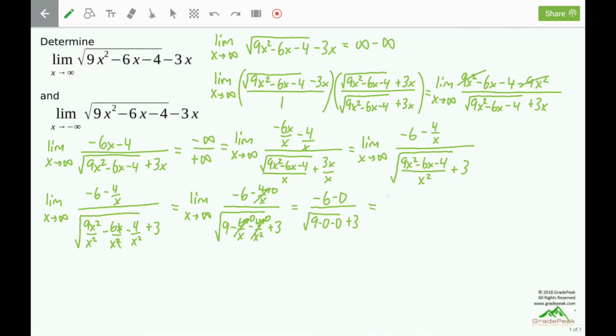Negative 6 minus 0 is negative 6. The square root of 9 minus 0 is the square root of 9 plus 3. The square root of 9 is a 3. 3 plus 3 equals a 6. The 6's can cancel, and the result is negative 1.